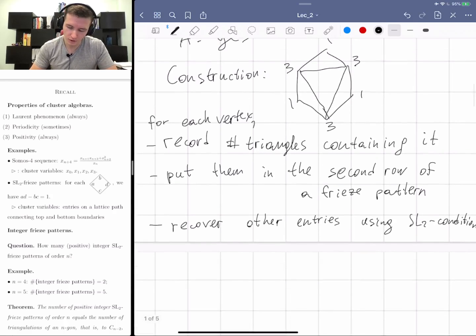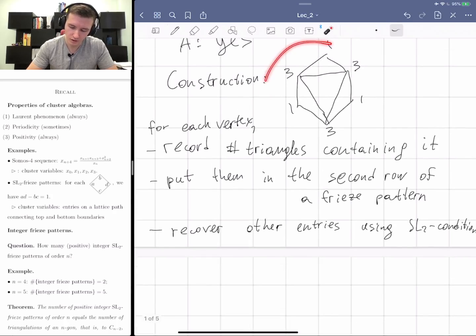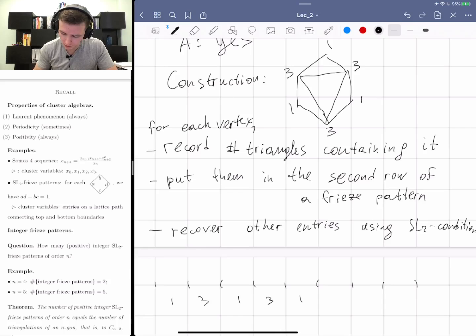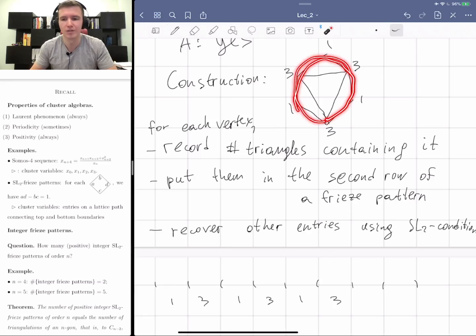So if I start with this guy here, then I put 1, 1, 1, 1, 1. And then 1, 3, 1, 3, 1, 3. So I write them down periodically. Once I write 6 numbers, I just repeat, because as we know, frieze patterns are periodic.